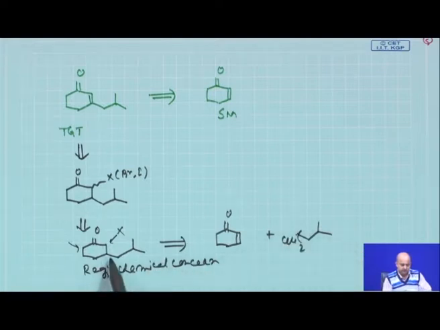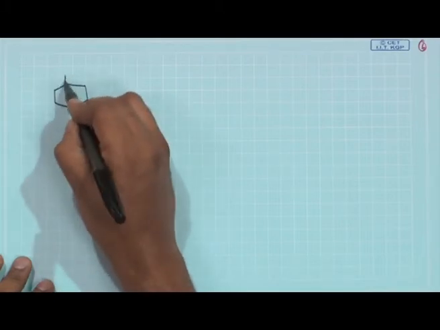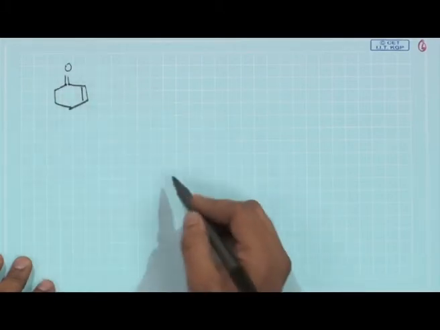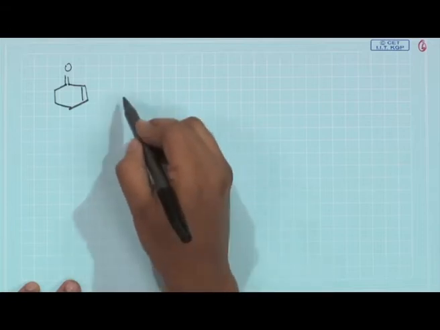But as I said, if this position is blocked by a bulky isobutyl group, the introduction of this electrophilic bromo or iodo alpha to the carbonyl may occur in this position, not here, and then you get this product, which is not the target molecule. So, here is there another way? Let us try to draw the starting material and formulate if there is another way.